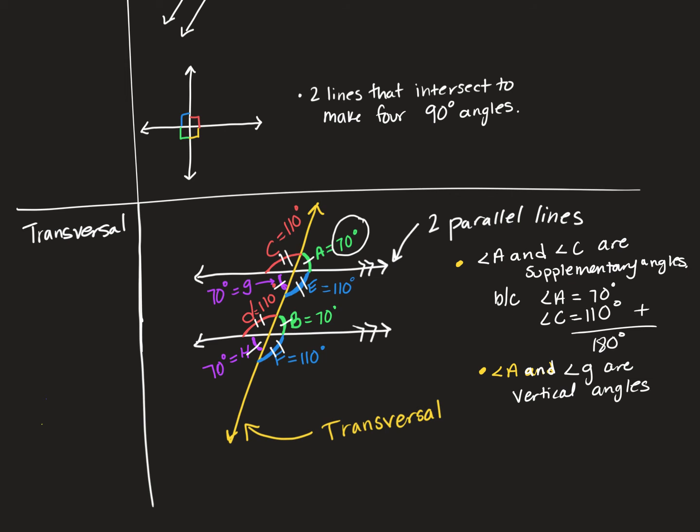Another observation we made was that angle E and angle A are adjacent because they share a common vertex and they share a common side.